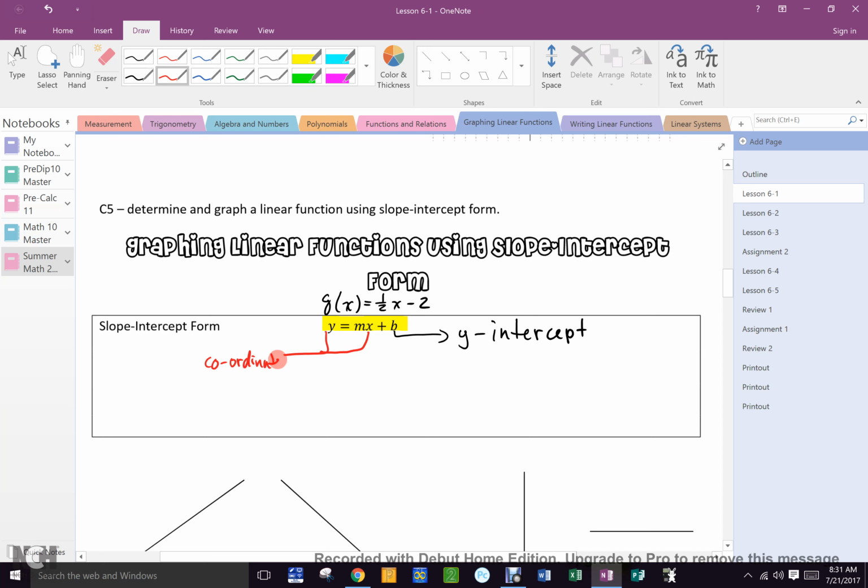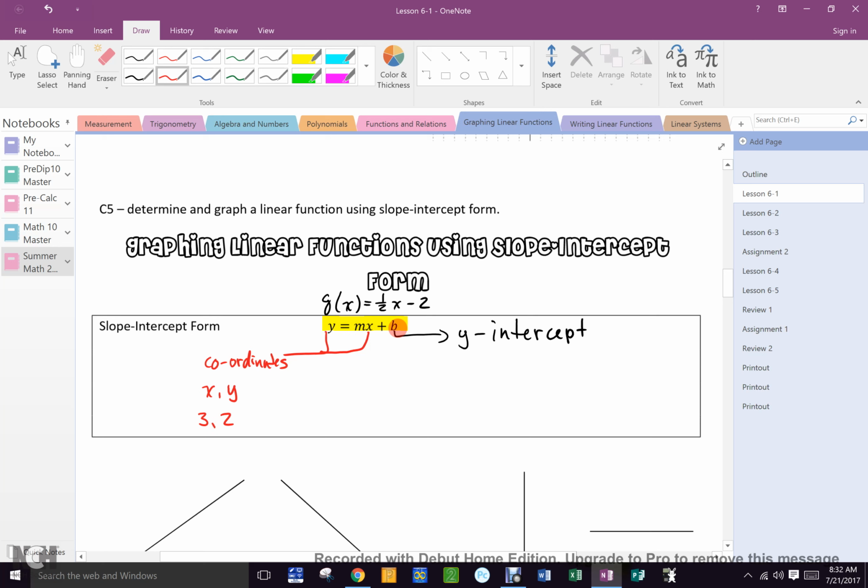What does that mean? If I have 3 comma 2, where can that 3 go? To the x, because that's an x value. Where does that 2 go? To the y, because that's a y value. Is that complicated? No. Every time you see this, you automatically have an x and a y for your equation.